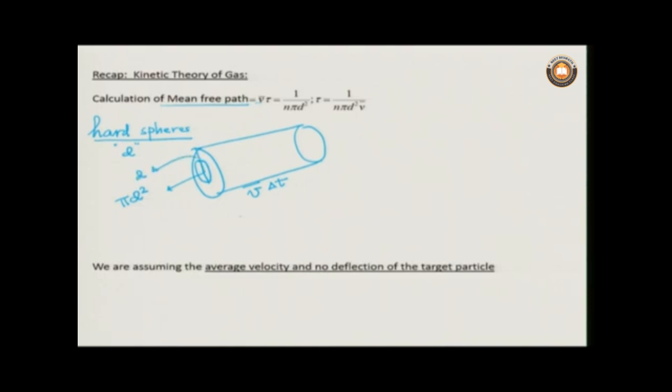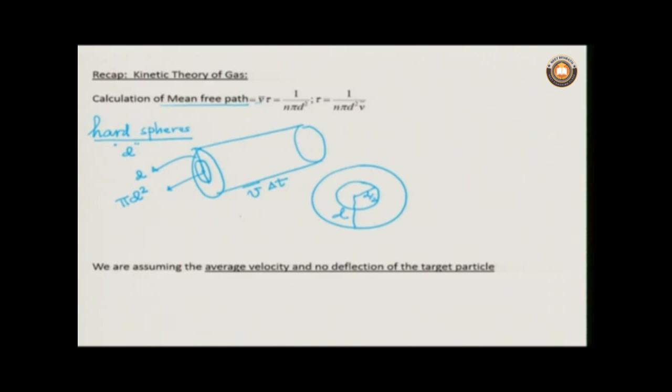Okay. Now, we draw this picture. This is the top view of this cylinder, if you like. This is the molecular radius d by 2 and this is the radius d of the cylinder I have constructed.